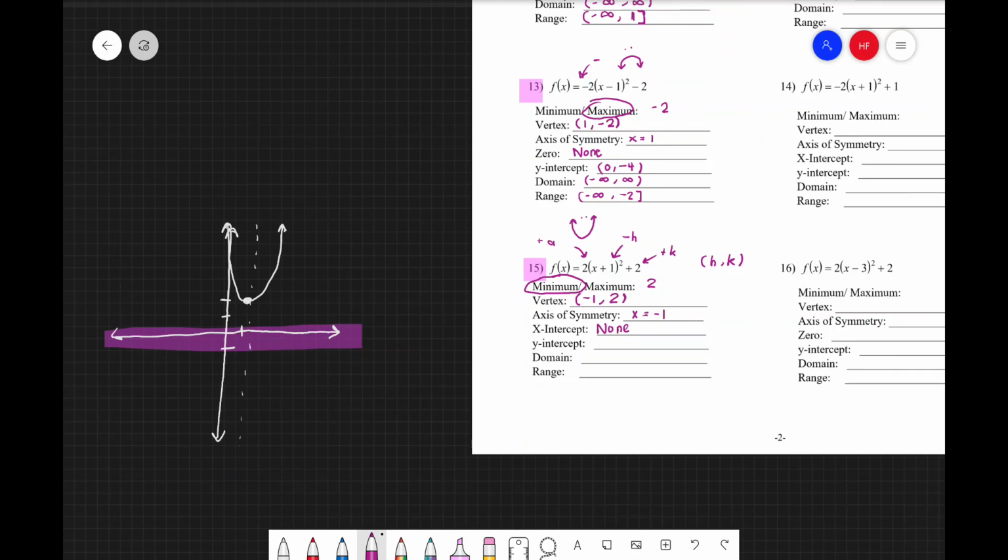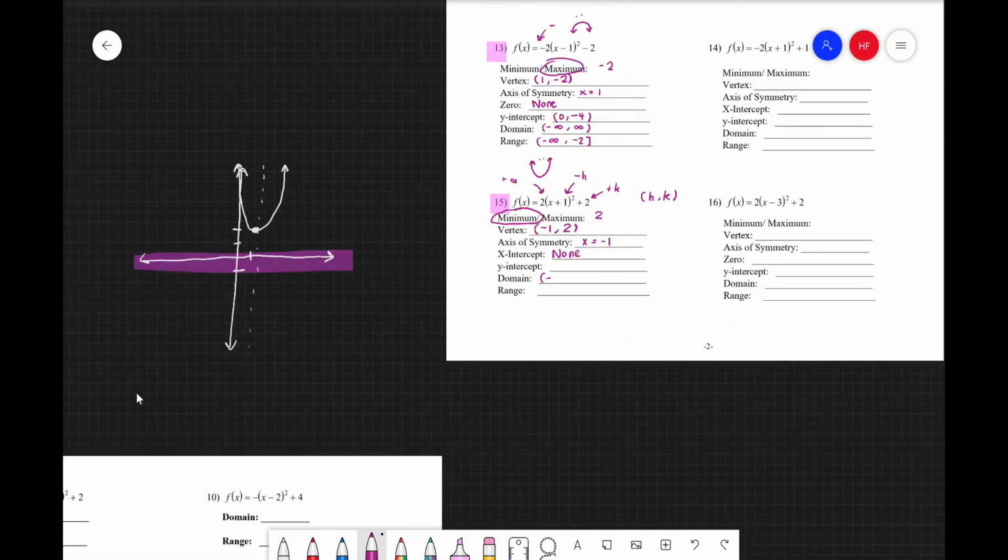Domain will not change. This video is just a mess. I'm so sorry, the program crashed. So our domain is negative infinity to positive infinity. And then our range depends on our y-axis. We're going from up here, forever, down to this value, and then turning back around.